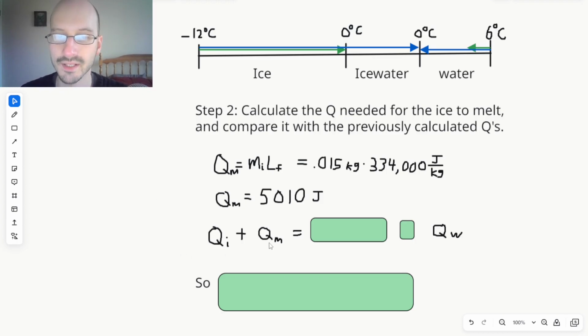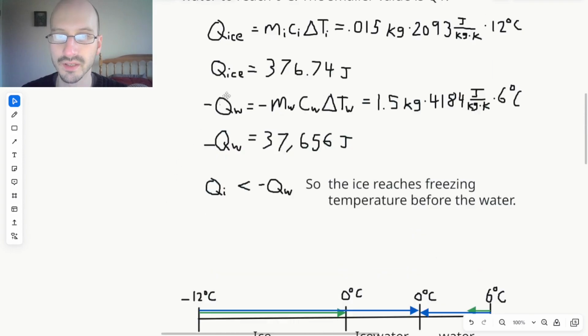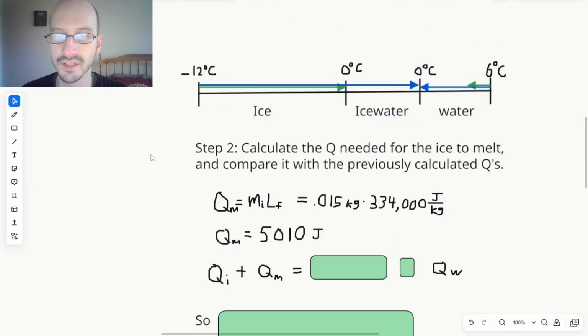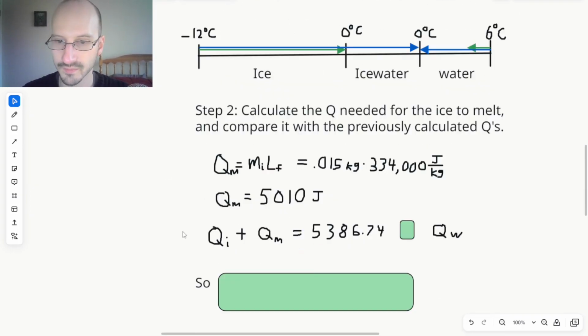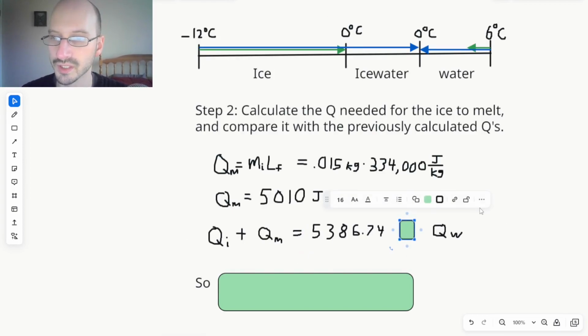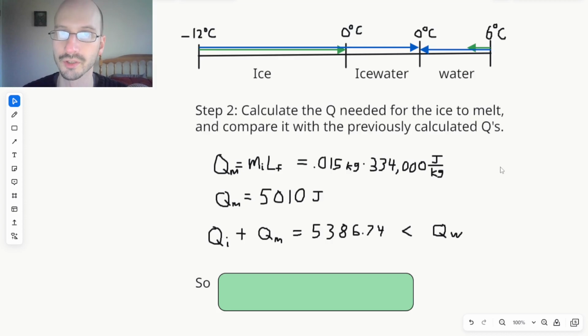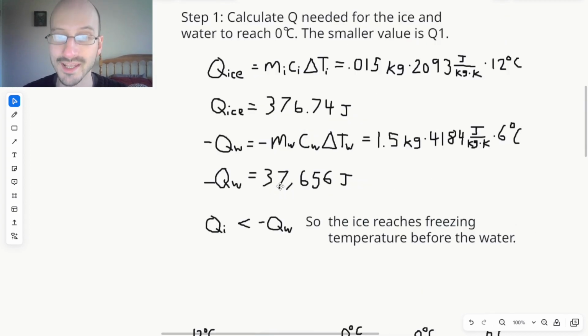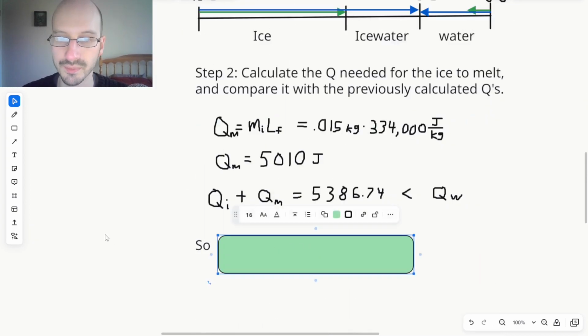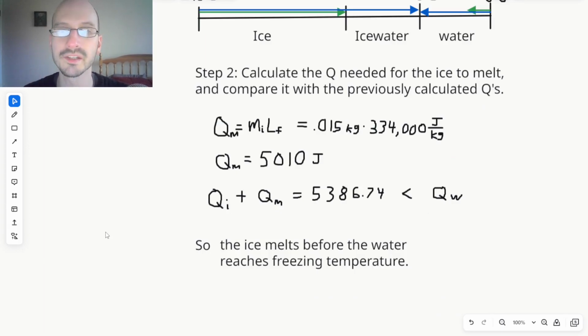If we add that to the heat of ice we calculated in step 1, 376, we get 5,386 joules, which is still less than the heat required to make water go down to freezing temperature. Remember, that was 37,000 joules. So what this means is that the ice melts before the water reaches freezing temperature.